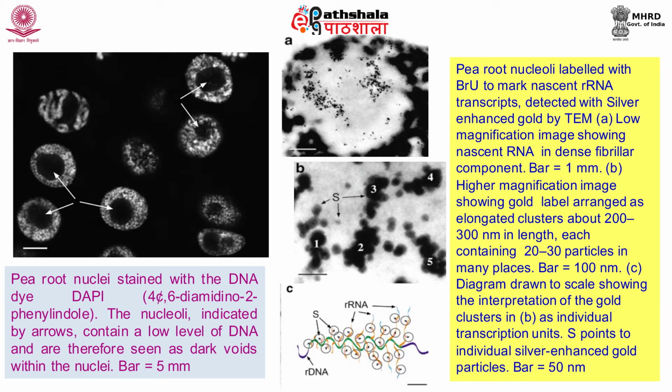Figure A shows a low magnification image in which nascent ribosomal RNA is observed as dots in the dense fibrillar component. These nascent ribosomal RNA transcripts are detected with silver enhanced gold particles.